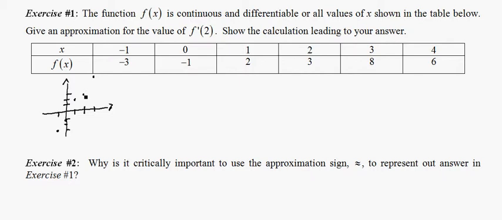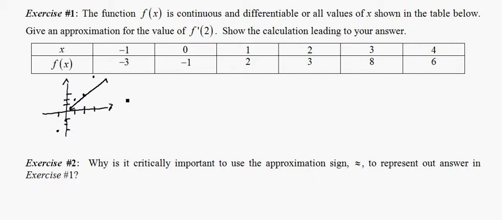And what I want to do is approximate the slope of the tangent line at x equals 2. I don't even know if this is the right way for the tangent line to look. For all I know the curve is actually decreasing there. I really don't know. But what we should know is that it's a slope. And if we're going to approximate the derivative using information that we have, then it makes sense to calculate a slope.